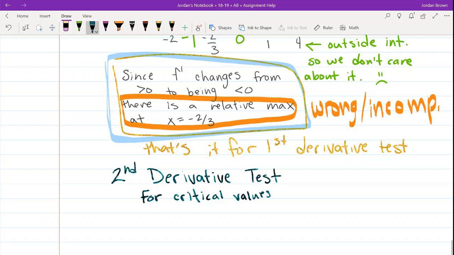So the second derivative test for critical values of f of x: if f double prime of x is greater than 0, there is a relative minimum.